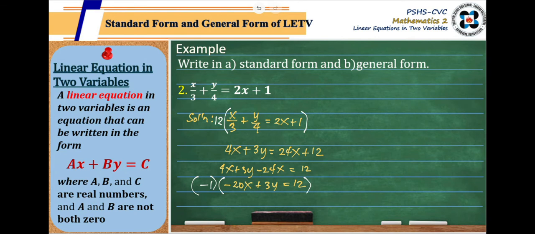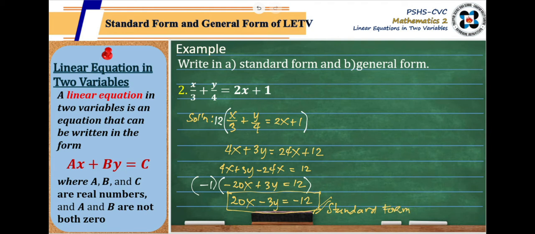So multiplying both sides by negative 1, we will have 20x minus 3y is equal to negative 12. So this is now the standard form of the given equation.